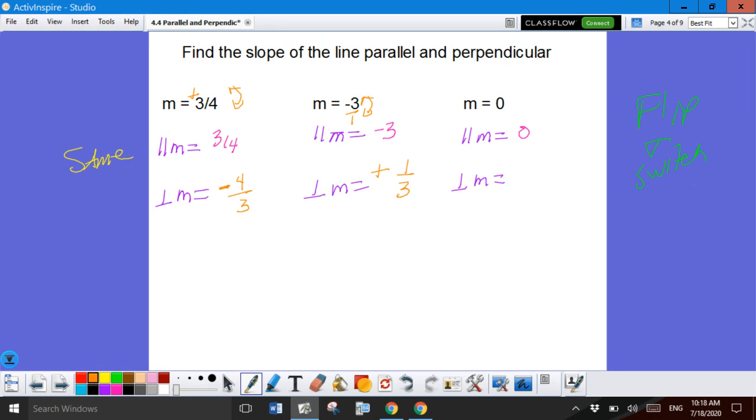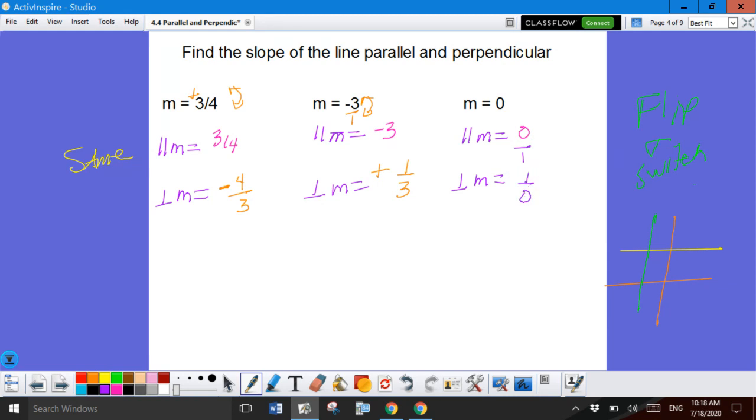Now, this one is interesting because I might have to think about this a little bit. If m is 0, that means my line is horizontal. What does the perpendicular look like to a horizontal line? Well, it's one of those, which means if this is technically over 1, then this would be 1/0.